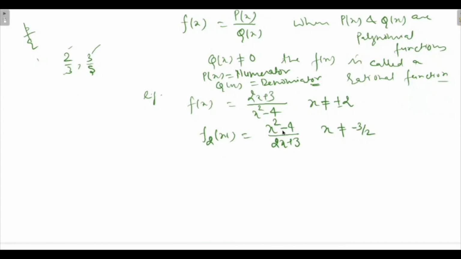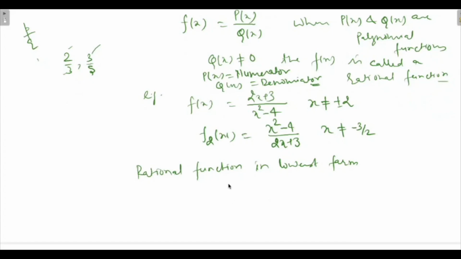So rational function in lowest form means that if you have two polynomials in the numerator and denominator and there is anything common, you just have to take them out, is what they are trying to tell you over here.